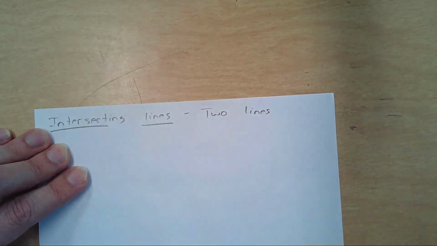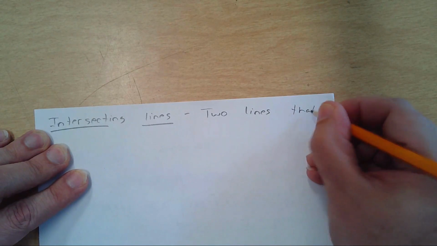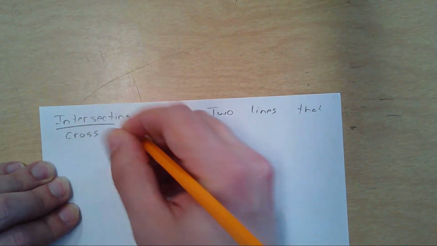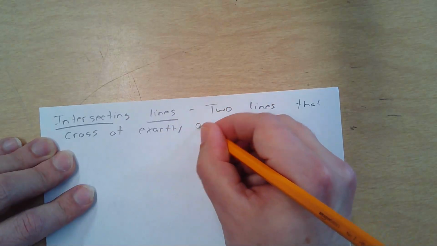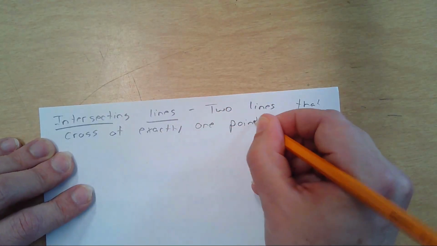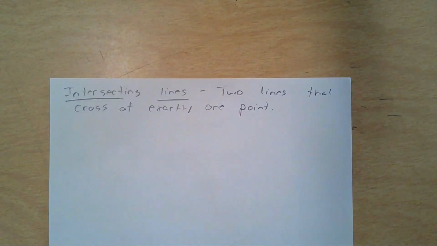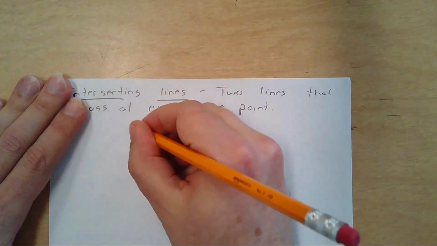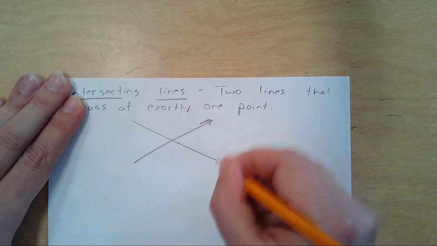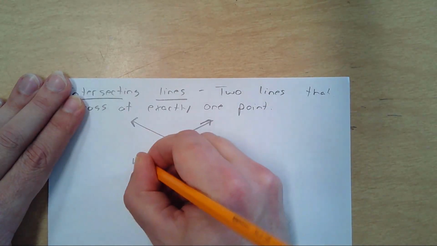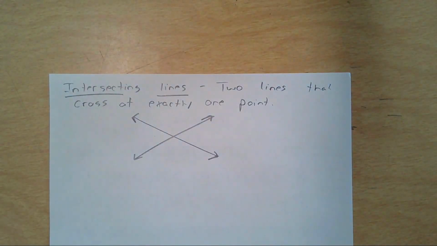Got to have 2 lines that cross at exactly 1 point. This one should be pretty easy to understand. So these are intersecting lines.